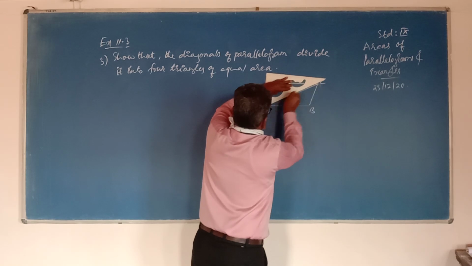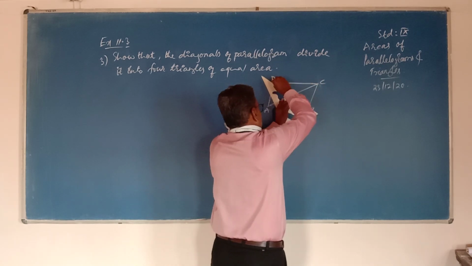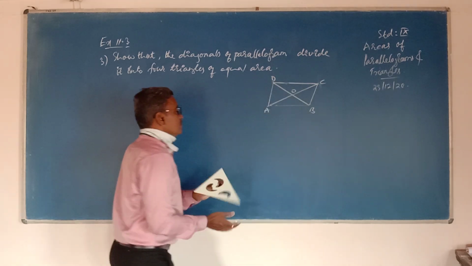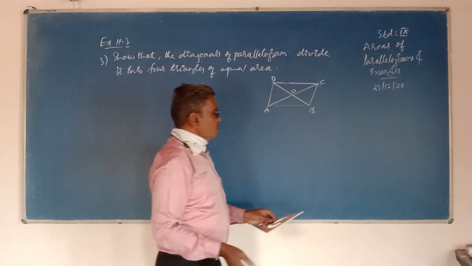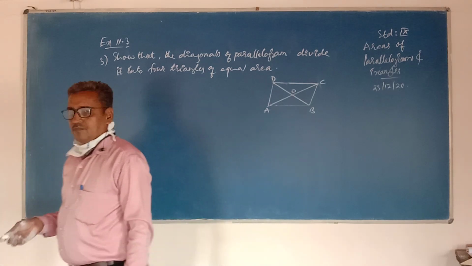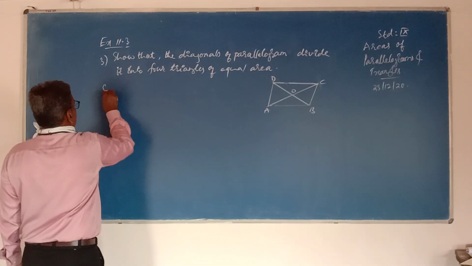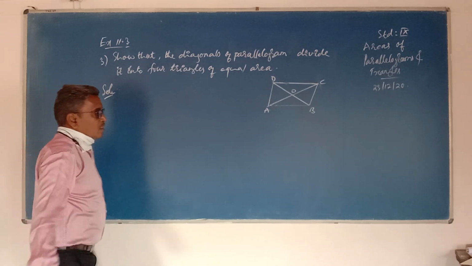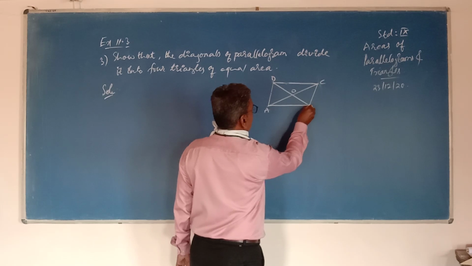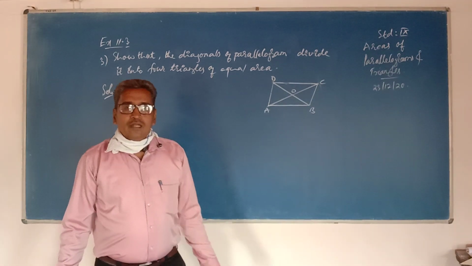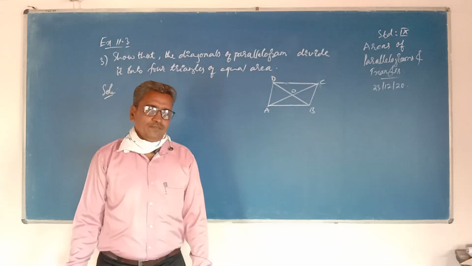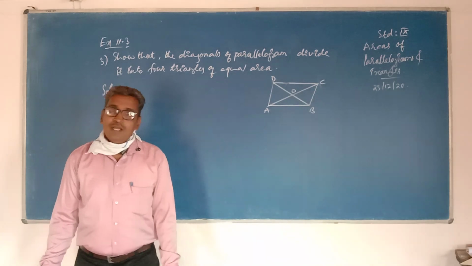Diagonals AC and BD are two diagonals intersecting at O. They divide it into 4 triangles of equal area. That is the proof. What are the properties of diagonals? Diagonals of a parallelogram bisect each other. Very important property.